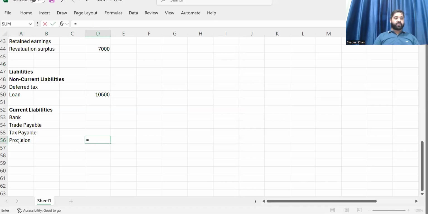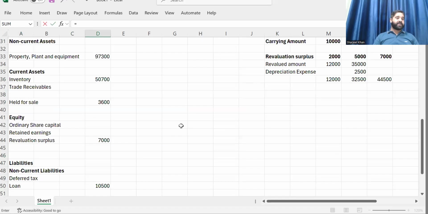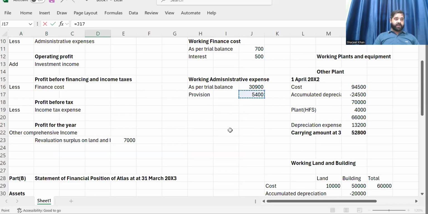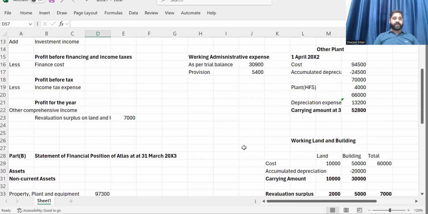Provision for the director bonus, you can write for the director bonus as well if you want. Prepare the structure and make the adjustment accordingly. So it will be quite simple for you. 5,400 and the entry, provision for director bonuses.